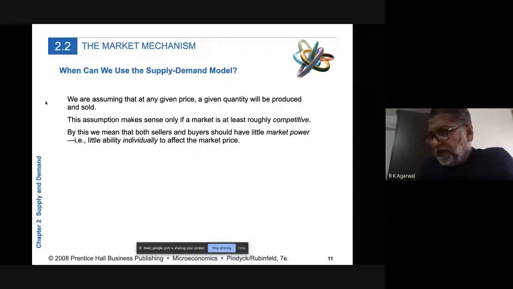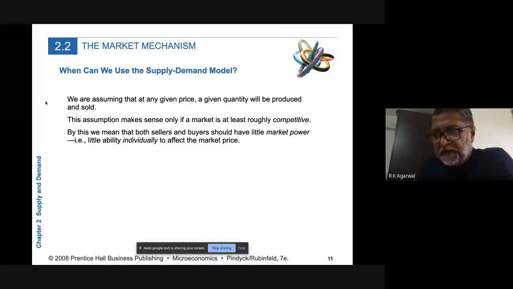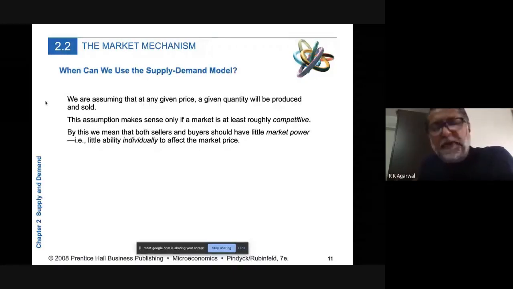Let's say cauliflower or say ladyfinger. Can you change the price on your own? You are only one of the millions of consumers buying vegetables in the market, and therefore you are not powerful enough to change the price on your own.